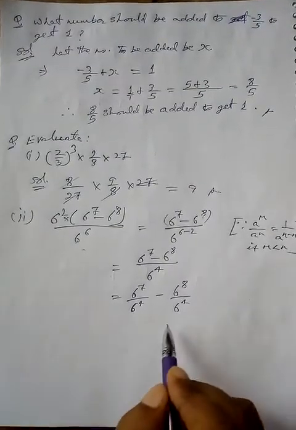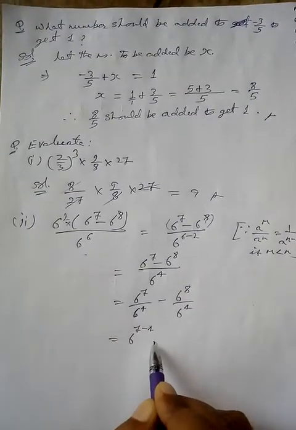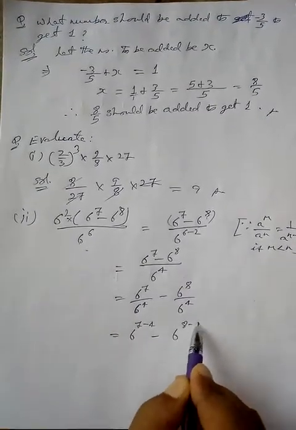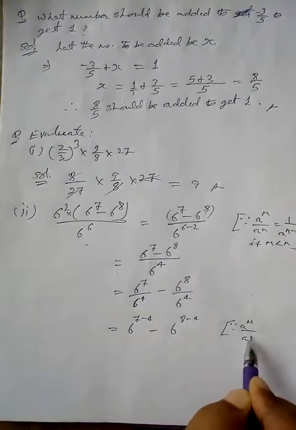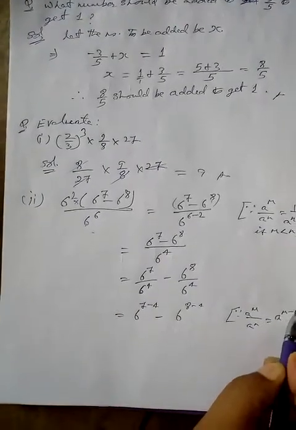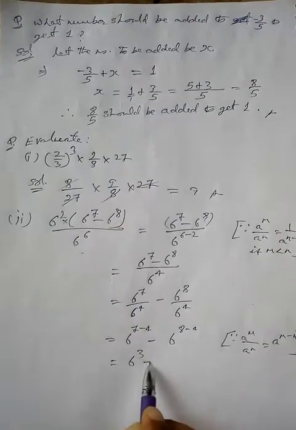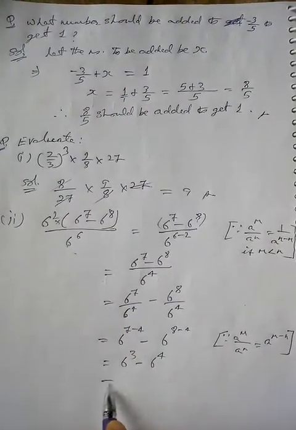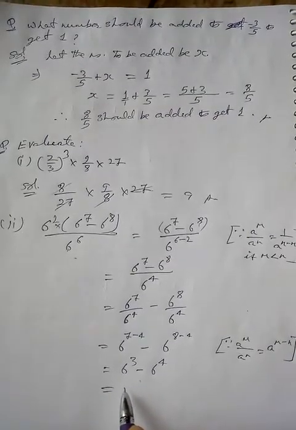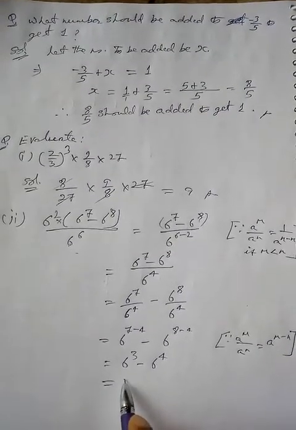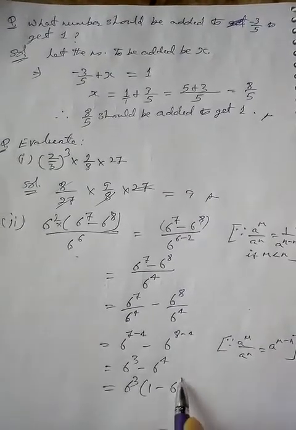And since again we will use the same property, 6 raised to power 7 minus 4 minus 6 raised to power 8 minus 4. Property is a raised to power m upon a raised to power n is equal to a raised to power m minus n. So you got 6 raised to power 3 minus 6 raised to power 4, and we can take the common factor 6 raised to power 3, and you get 1 minus 6.